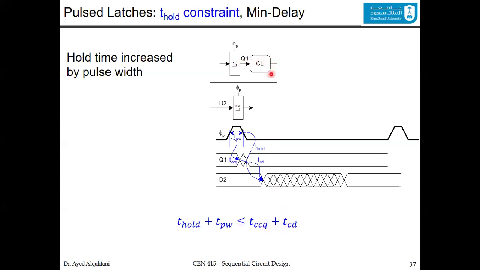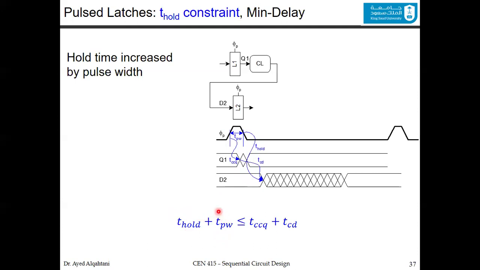This is the passing time now. So in the passing time, we have the clock to Q and also the TCD. And here we have the pulse width, and we will consider it part of the holding time. That's the difference between the pulse width and the non-overlapping. The non-overlapping is part of the passing time in the two-phase clocking, but the pulse width here is part of the holding time, which will show up here.